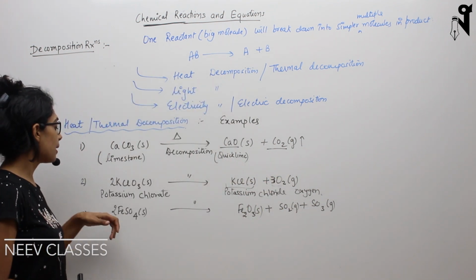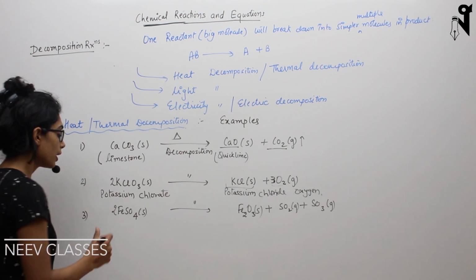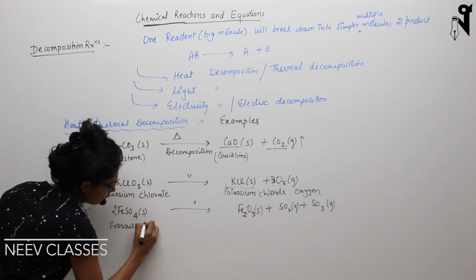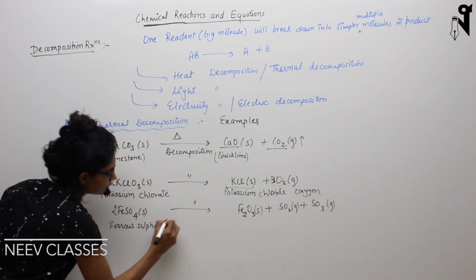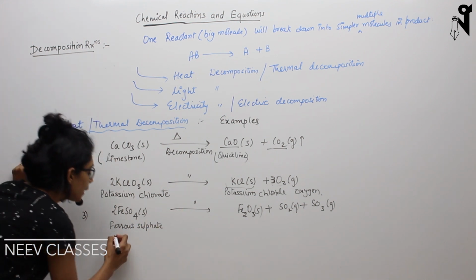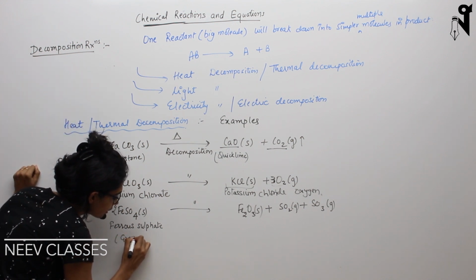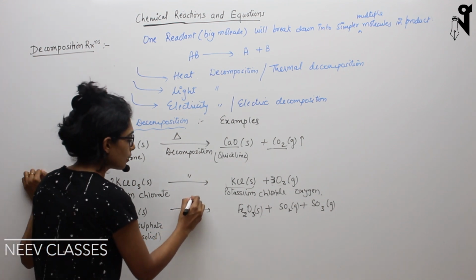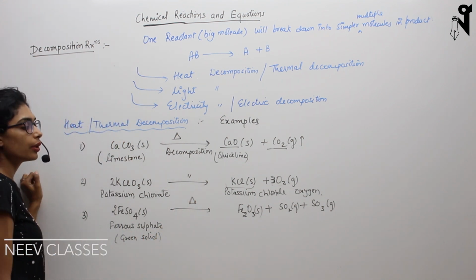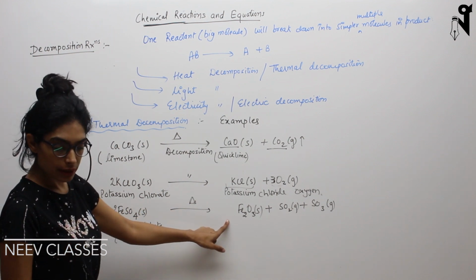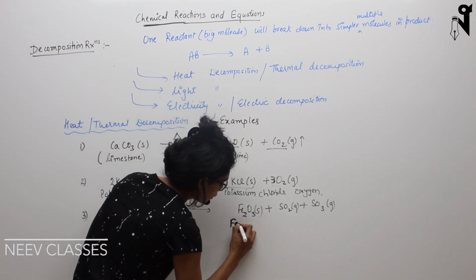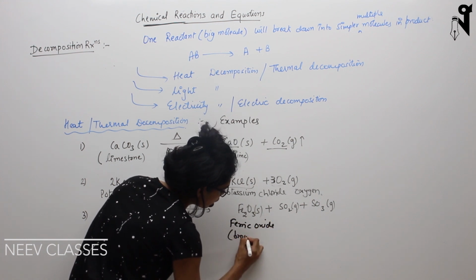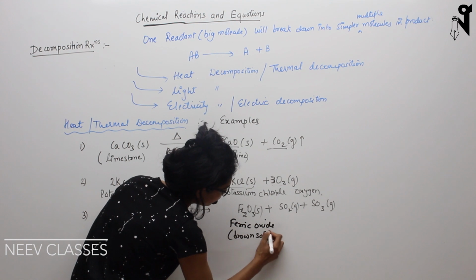Okay. Next example is of ferrous sulfate. FeSO4 is called ferrous sulfate. This is a green color solid. And when this is heated, it gets converted into ferric oxide, and this is a brown color solid.